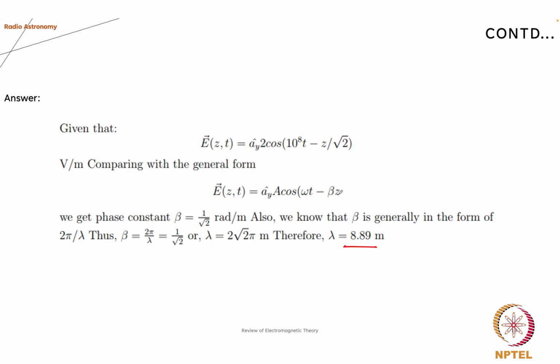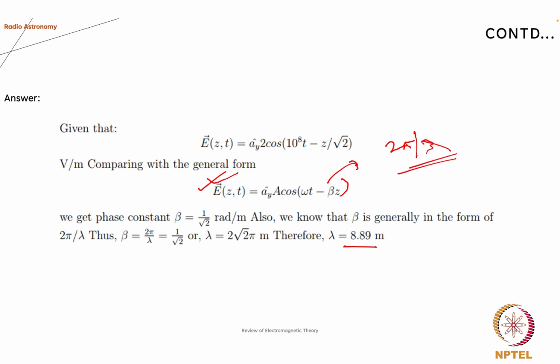Why is that so? Because the general form of the electromagnetic wave is this, where beta is the wave number, represented by 2 pi by lambda, also known as the phase constant.